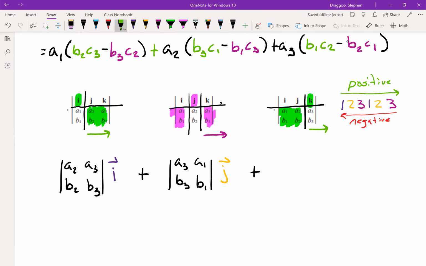I'll start by going to the right, which means wrapping around back to the beginning of the matrix. So this one, I've got A1 and B1 in the first column, and A2, B2 in the second column, and my vector k.